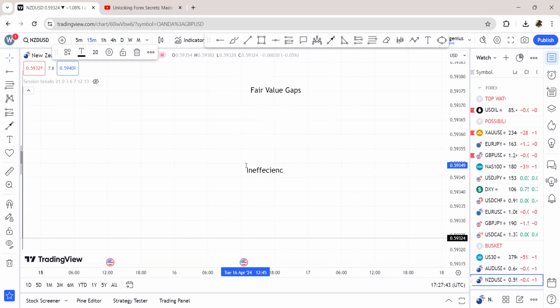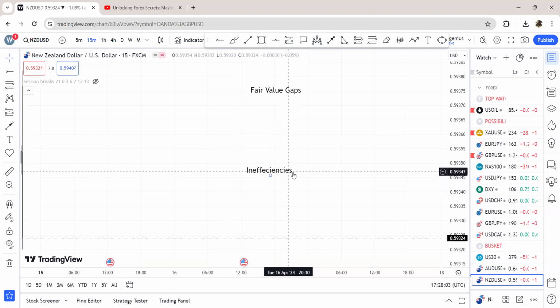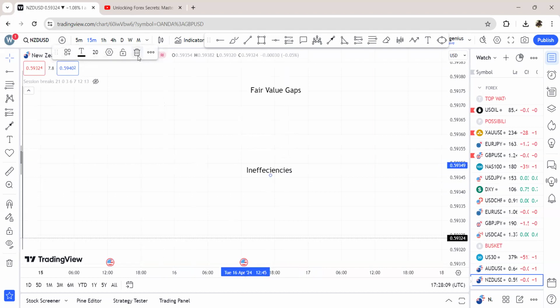Inefficiencies or imbalances. Or if you have imbalances.